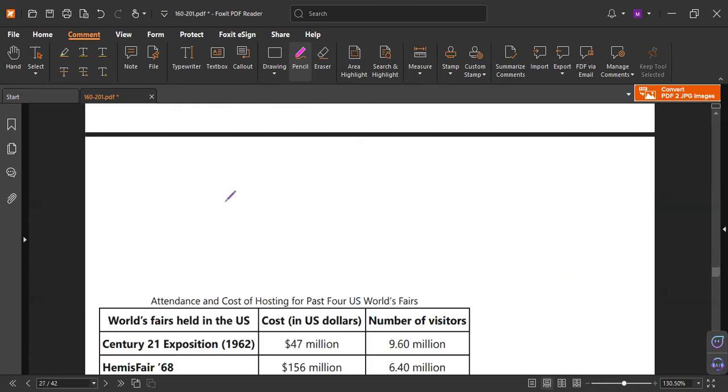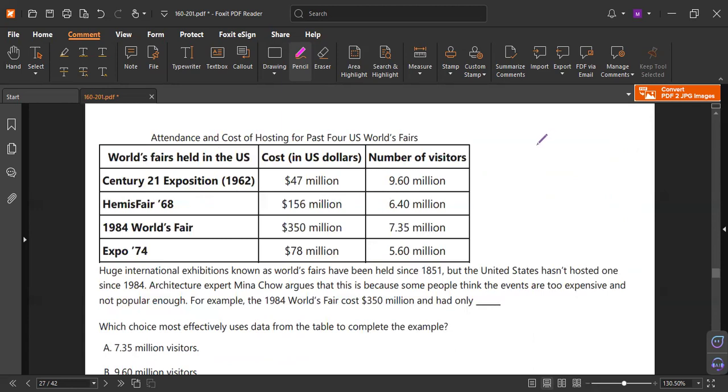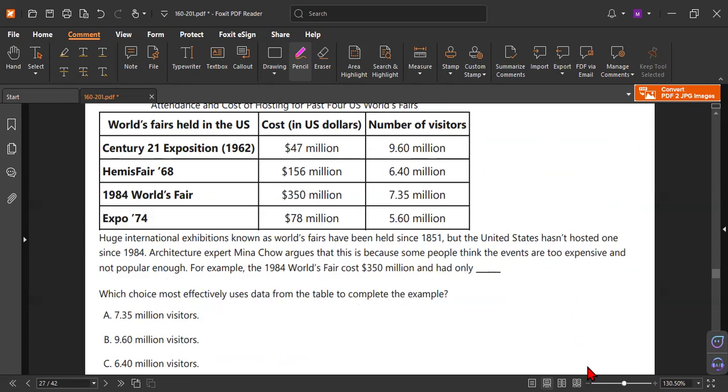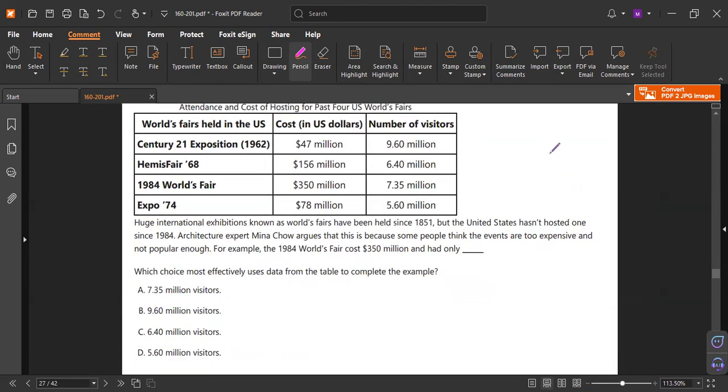How is the next? Um, I didn't really solve this one. I didn't solve this one. You didn't answer it?